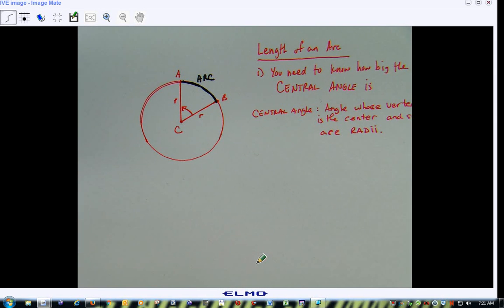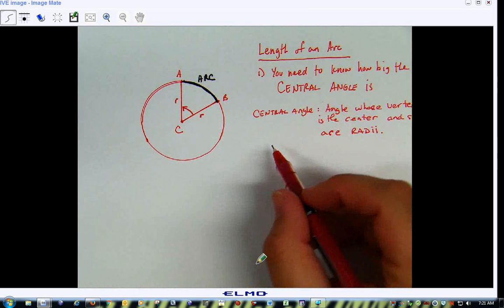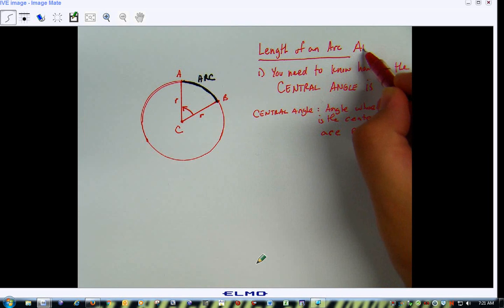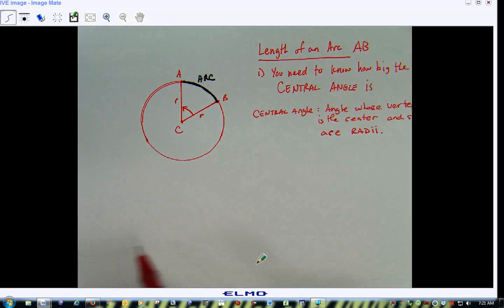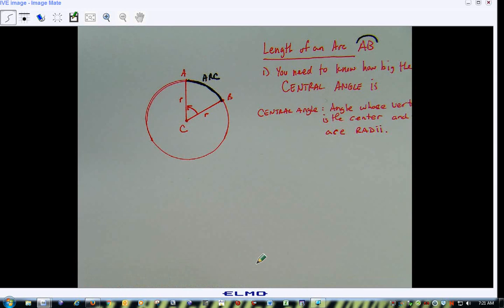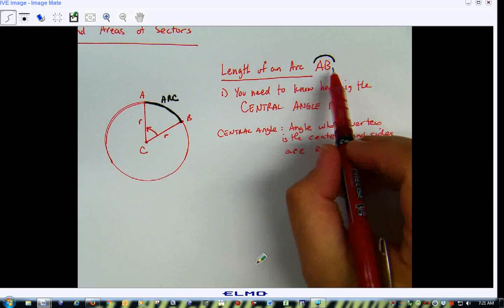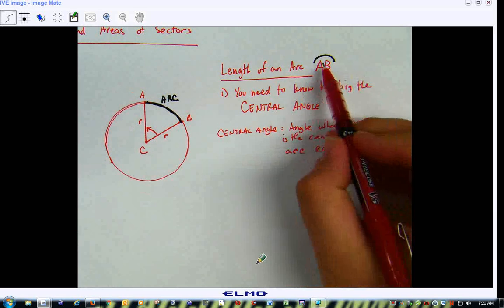So when we're calculating the arc AB, we write the arc with the two letters A and B, and then we put an arc above it.